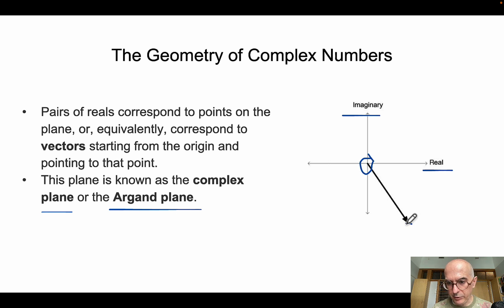So this particular point here represents a complex number with a, that is the projection on the real axis, and then b, that will be our imaginary part.